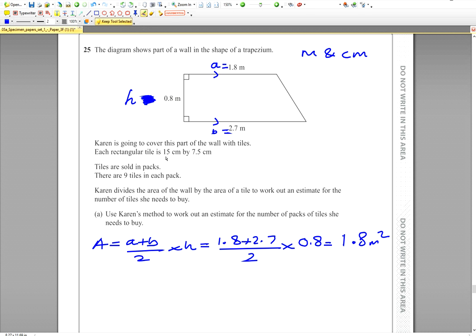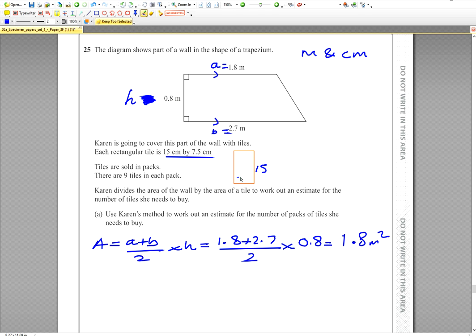Now, if I want to look at the area of the tile, so if I just draw a little tile here. Okay, here's a tile. Our tile is 15 centimeters by, oh sorry, the other way around. So this will be 15 centimeters by 7.5.